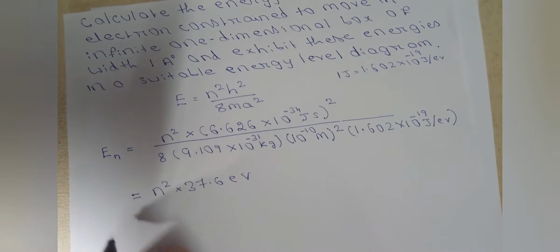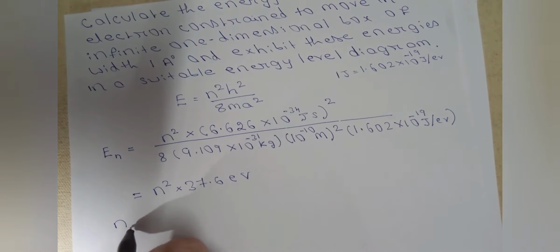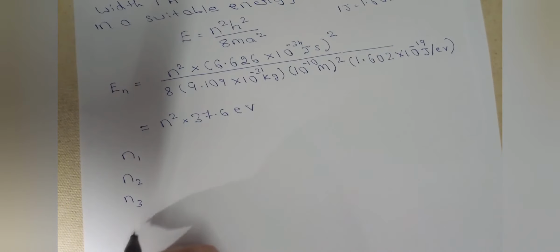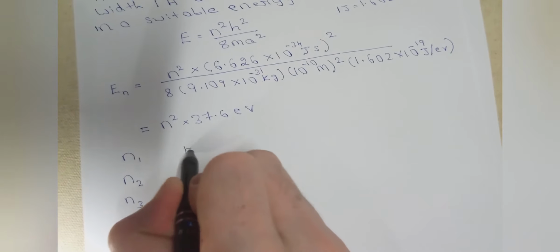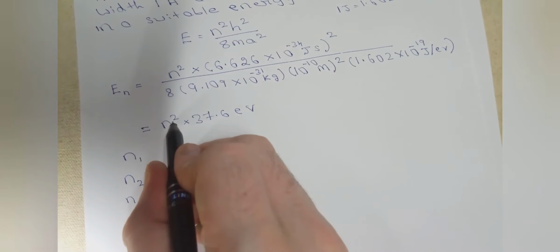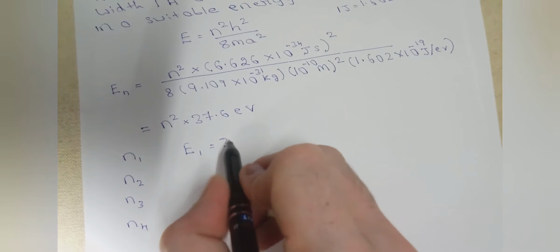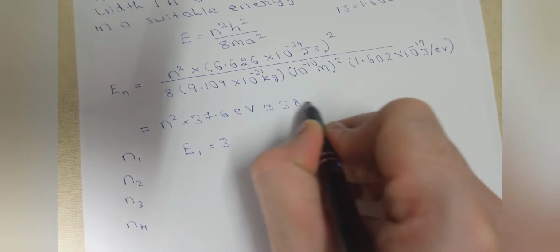So now we can calculate the energies for n1, n2, n3, and then n4. When n is equal to 1, E1 will be 1 square into approximately 38 electron volt.